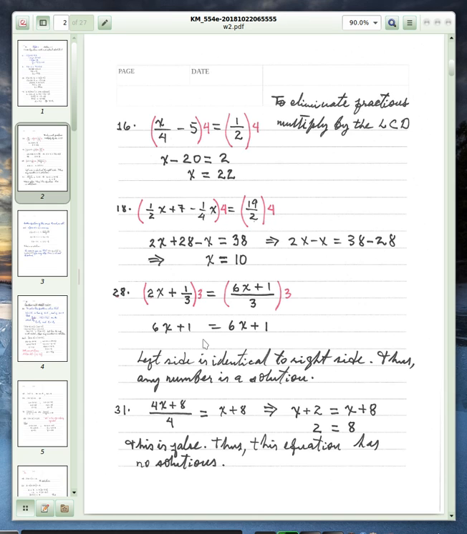But that result is going to be exactly the same as I will get on the right side because I'm doing exactly the same. And that means that any number will work. That means any number is a solution. So as soon as you get the same expression on both sides, you can stop and you can say any number is a solution.